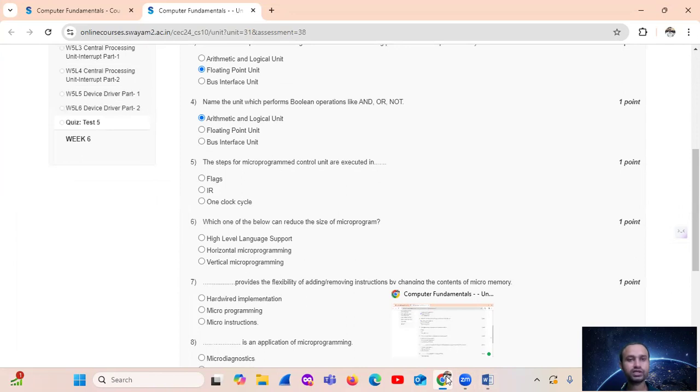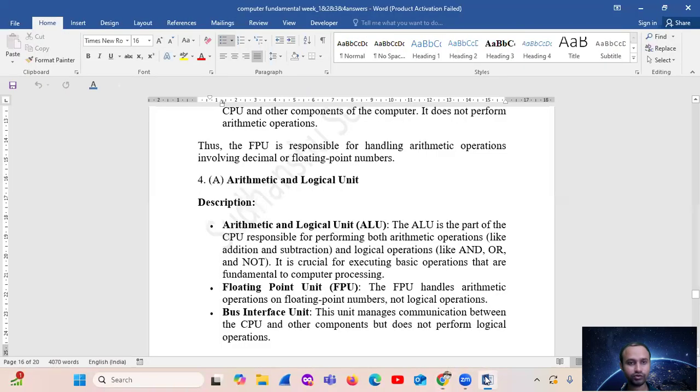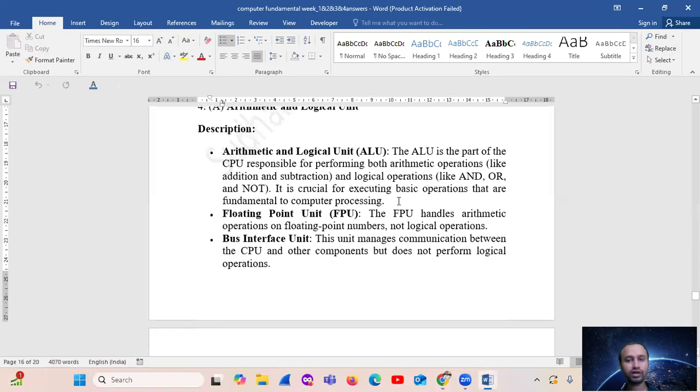यहाँ क्वेश्चन पूछा है नेम द यूनिट व्हिच परफॉर्म्स बूलियन ऑपरेशन लाइक एंड, ओर, नॉट। कौन सा यूनिट बूलियन ऑपरेशन को प्रोवाइड करता है, तो इसका आंसर होगा अरिथमेटिक एंड लॉजिक यूनिट, ऑप्शन नंबर A. So ALU is the part of the CPU responsible for performing arithmetic operations like addition and subtraction, and logical operations like AND, OR, NOT.